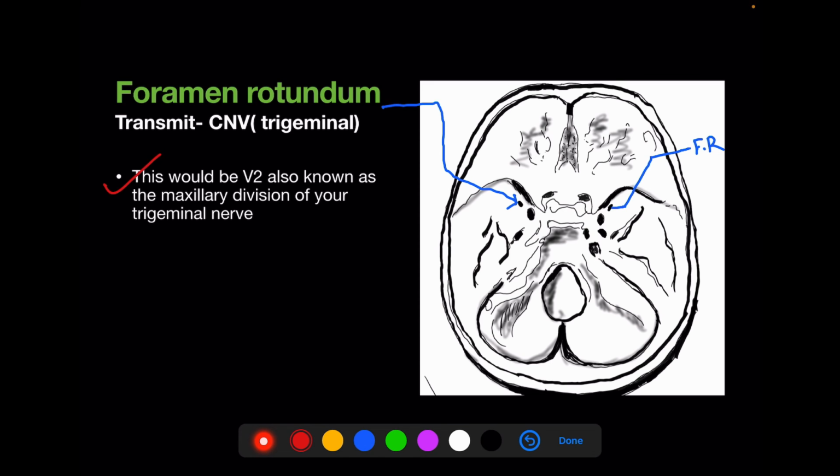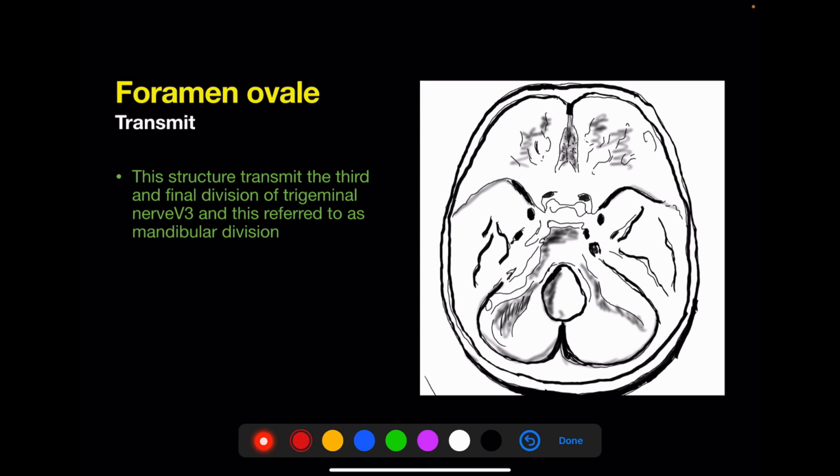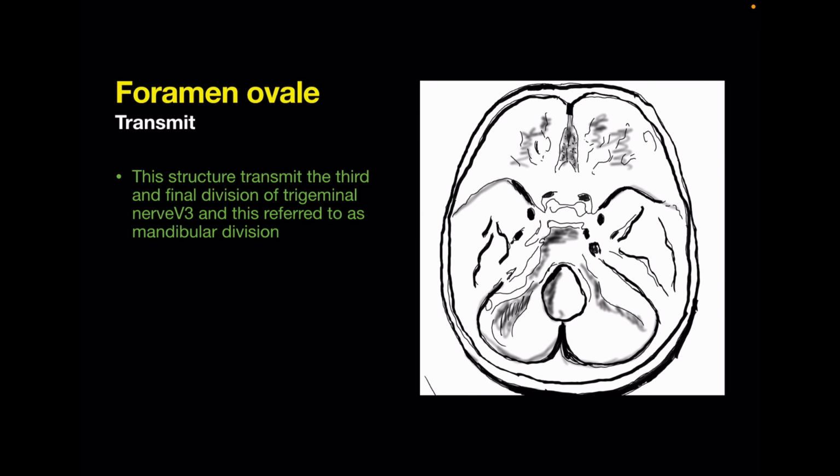Now we're coming to our fifth foramen, that is foramen ovale. This structure transmits the third and final division of trigeminal nerve, as you can see in the slide, and this is referred to as mandibular division.